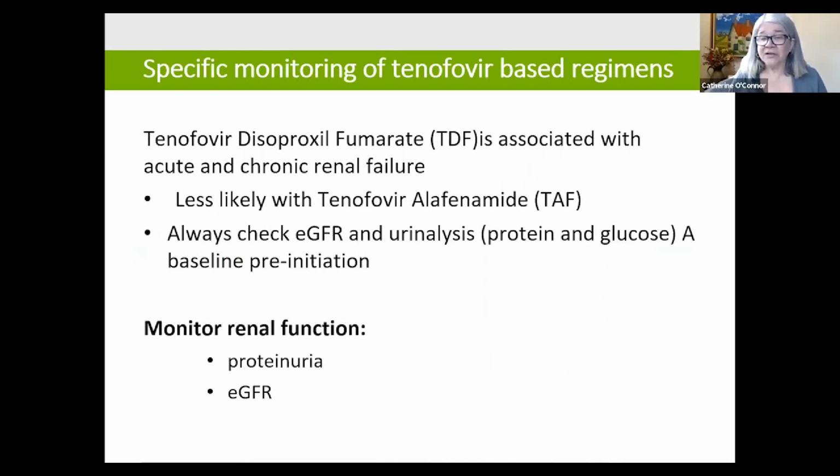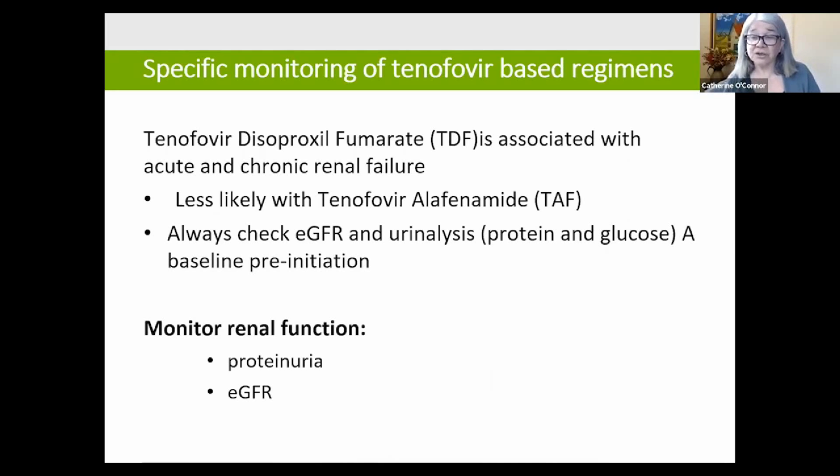Okay, now there are some special investigations and monitoring that we need to do if we have patients on some drugs. So tenofovir disoproxil fumarate, or TDF, can be associated with acute and chronic renal failure.